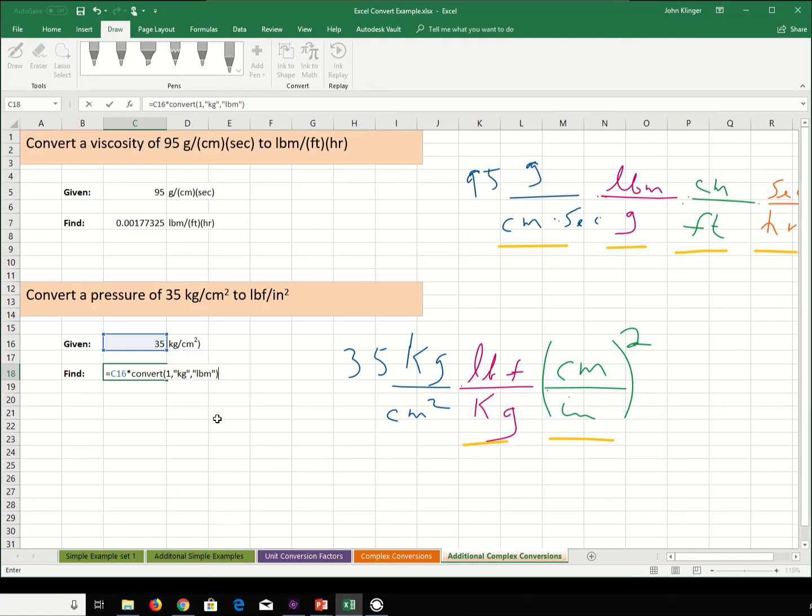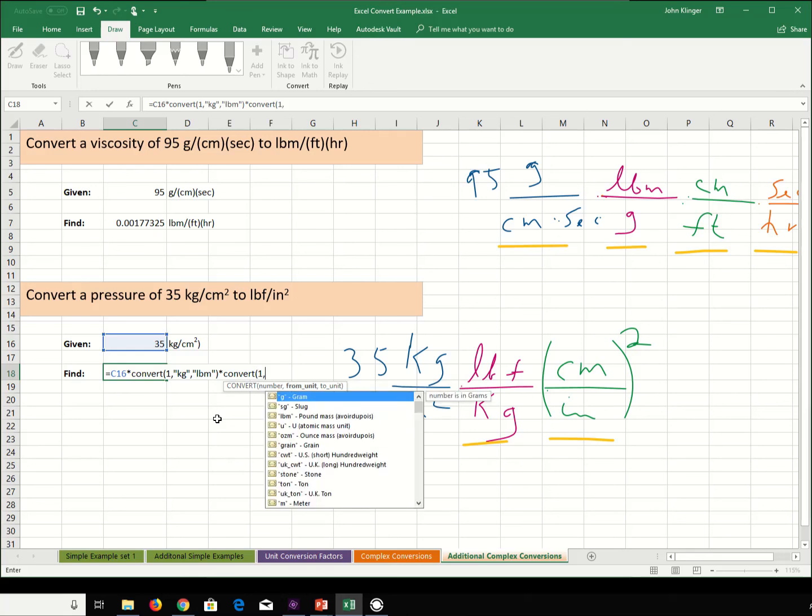And we'll multiply that times another convert, and this time we will use 1 again, and we need centimeters. Actually, we want inches. It's in the denominator, right? If we look in the denominator, we type in IN, comma, and then our numerator is CM.